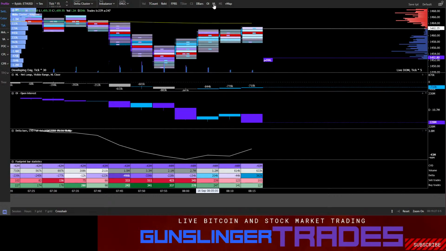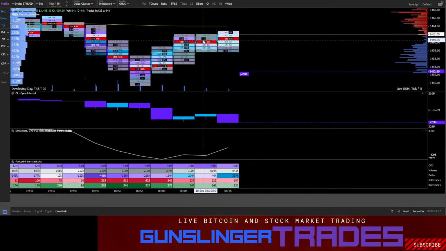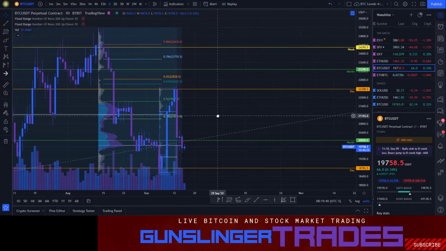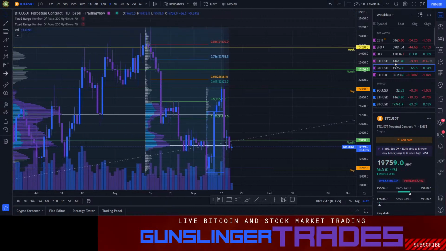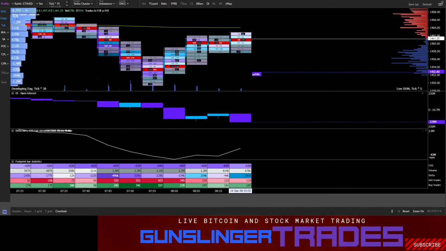I don't really see too many longs coming in here. This is mainly a price fueled up by people closing their shorts on Ethereum. But I've just noticed that Ethereum just keeps on dumping and Bitcoin is holding up. So I find that strange. Haven't seen that too many times. But yeah, that's order flow in a nutshell for Ethereum.